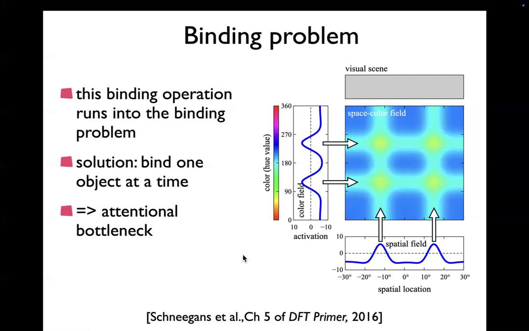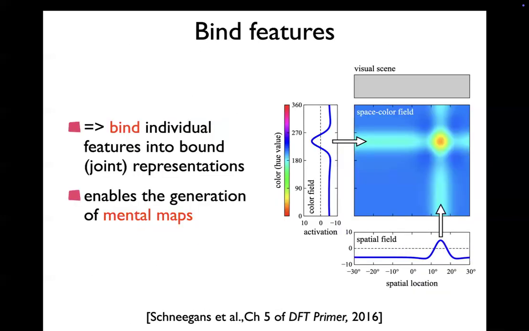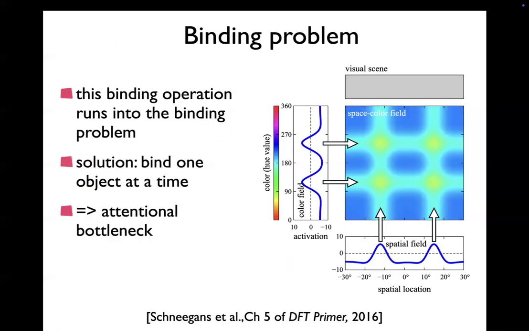You're attending to one location. When you have one location at a time, then you don't have a binding problem, because now you know exactly. You may even have multiple feature fields, like different colors and orientations, but they're all at the same location. You could still create an item that has the correct dimension, and I'll have to get to that in a little while.